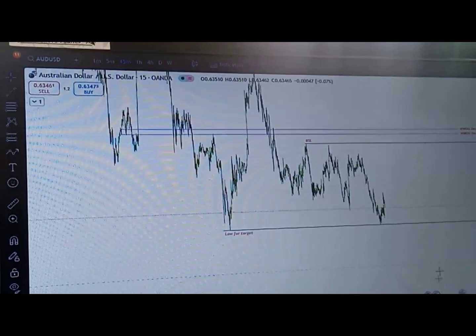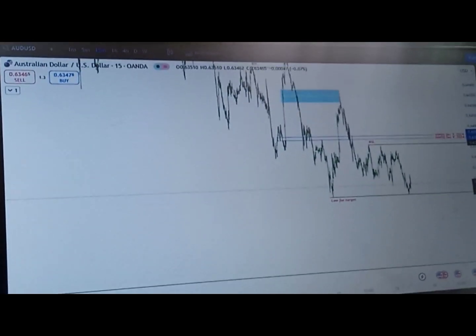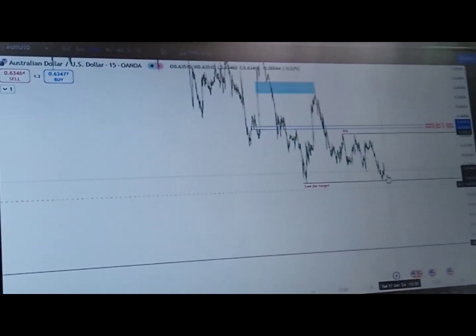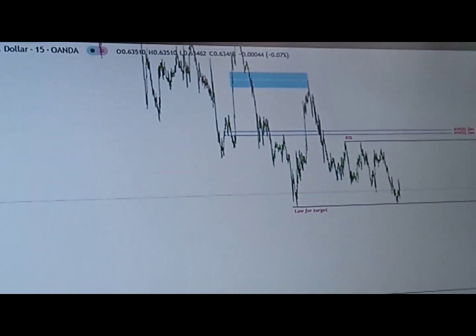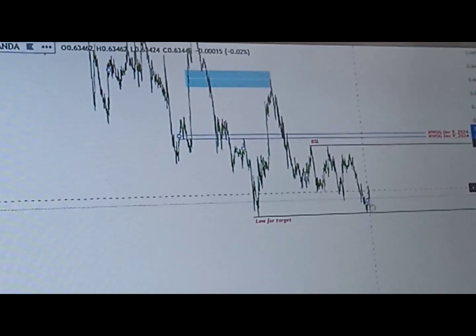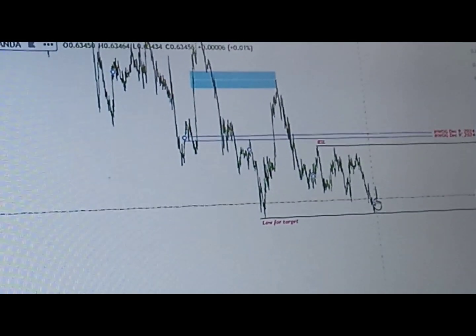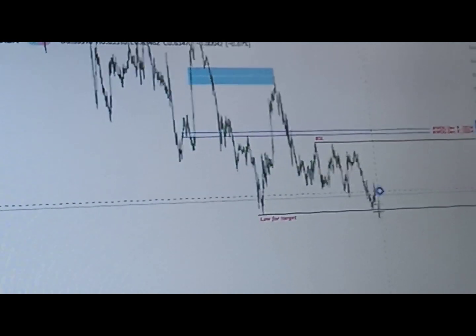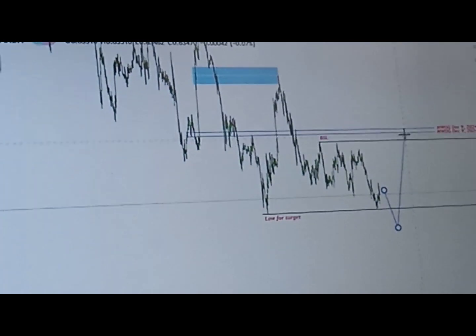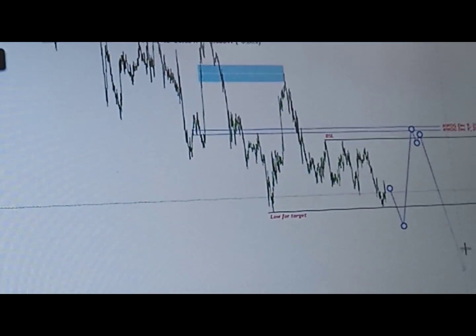So I'm not really expecting much, but I would like to see it break here, so that if it breaks here, maybe it breaks this low or displaces this low, and then goes back. It will make more sense. Why?